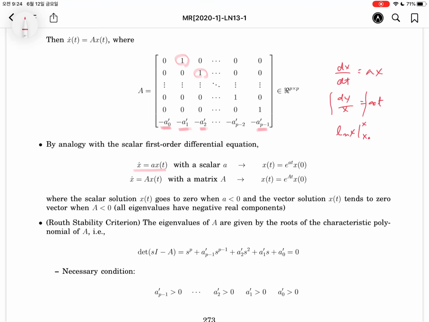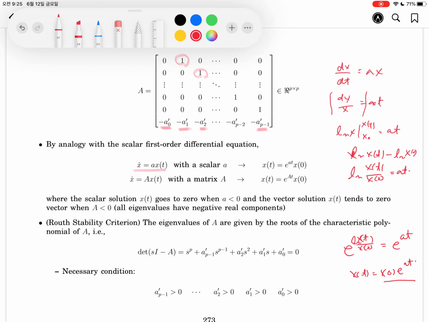Here ln x from x0 to x(t) gives ln x(t) minus ln x0, which implies ln of x(t) over x0 is equal to at. Let's take the exponential function: e to the ln of x(t) over x0 equals e to the at. Exponential and ln are inverses, so x(t) is given as x0 e to the at.